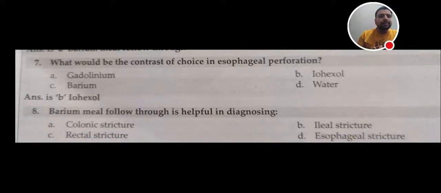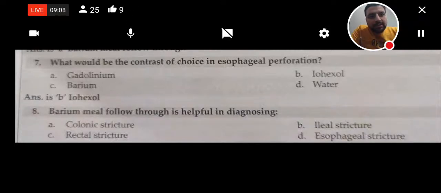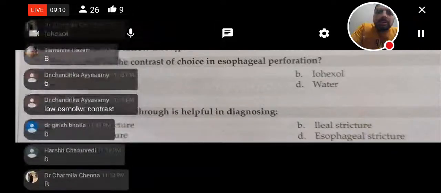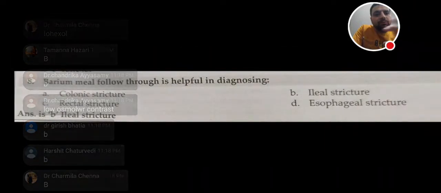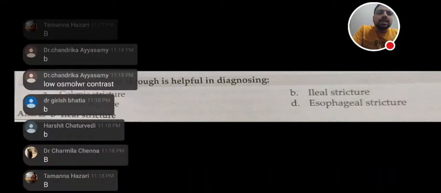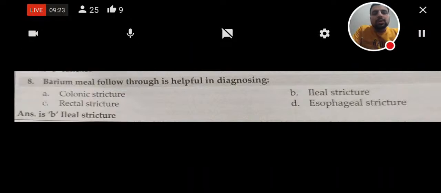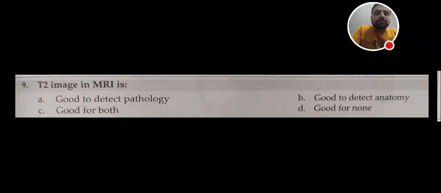For ileal stricture, there is barium meal follow through. And for colonic stricture, barium enema. I hope you got the answer. Answer is B, ileal stricture. All four options you have to know.